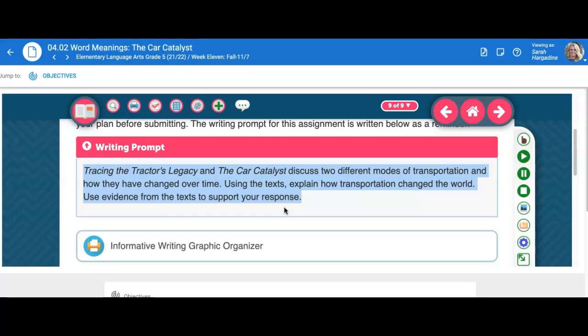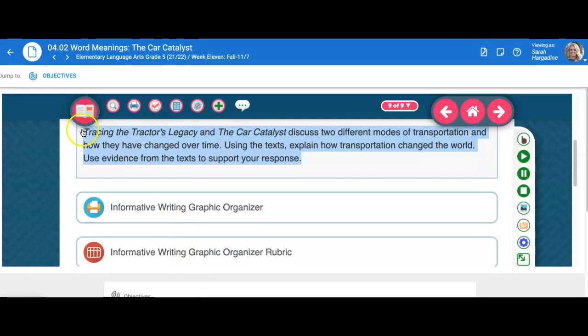Use evidence from the text to support your response. So in previous lessons, if you've been skipping to the quizzes or the assignments, you will not have gone through this. So you're going to have to go back to the beginning of the module. You're writing informationally using these 2 texts to explain how they've changed and how that's impacted our world.